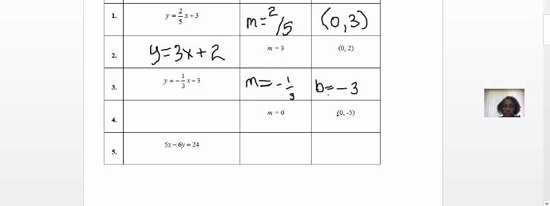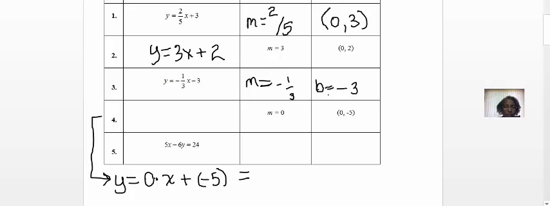Here I'm given my slope, and I'm given my y-intercept. And what's different about this is that my slope is 0. So I'm going to go off the chart for a minute to talk about that. First of all, we're going to just follow our pattern. y equals our slope, which is 0, times x, plus our b, which is the y-coordinate of our y-intercept, and that's -5.